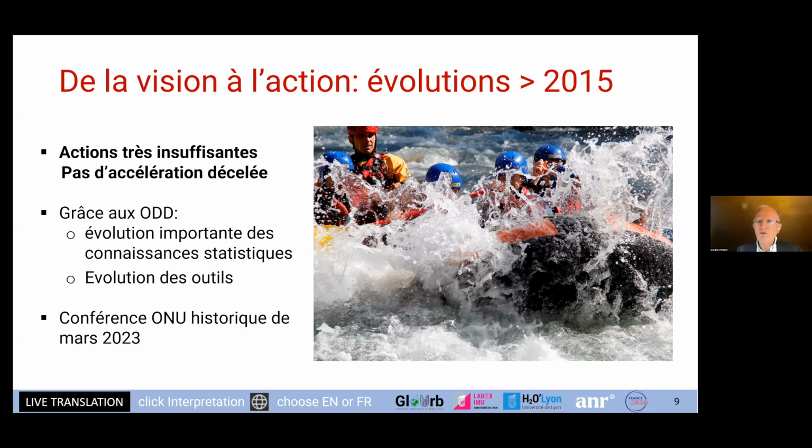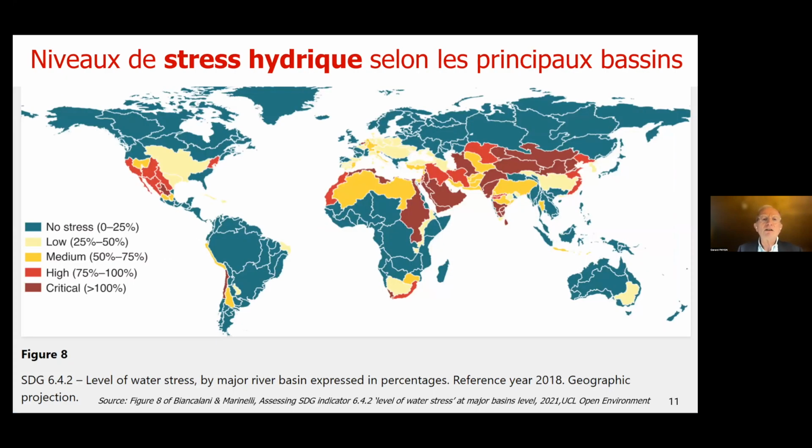They're available to the decision makers, and this has changed the playing field when it comes to a certain number of subjects. So I can give you an example. This is similar to one of the diagrams shown by Hervé. So water stress, for example, is an indicator. It's something that we're familiar with for all countries. But what's more interesting than that is that we know what the water stress is for each basin.